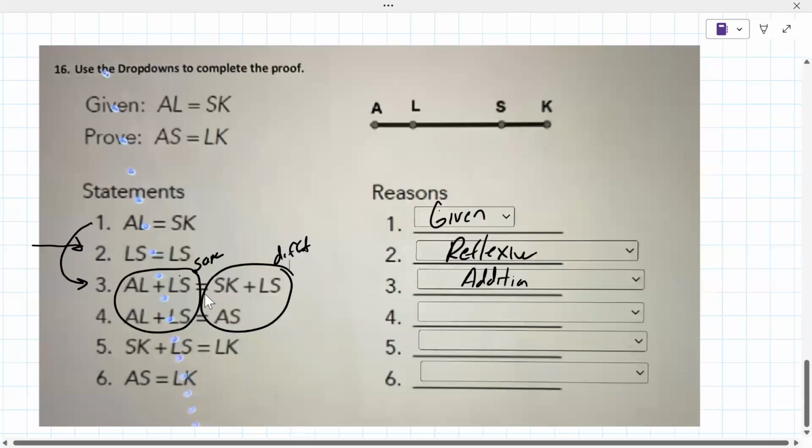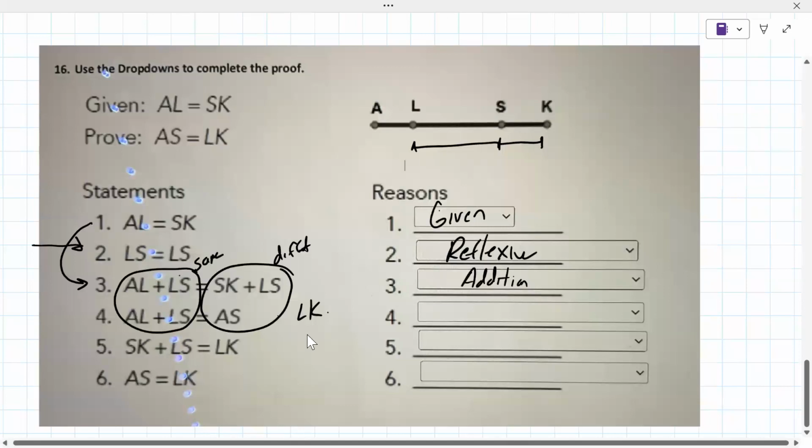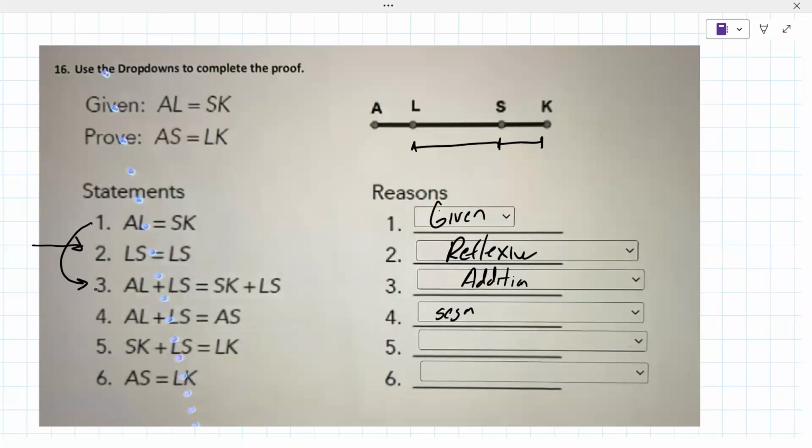They didn't do a great job here because they really should have put LK here. Oh no, I'm sorry, Sasha. I'm totally wrong. Everything I just said is completely wrong. You're right. It is segment addition. They're saying AL plus LS is AS, which is the segment addition postulate. I was looking ahead to something else. And then what did you say for the next one?